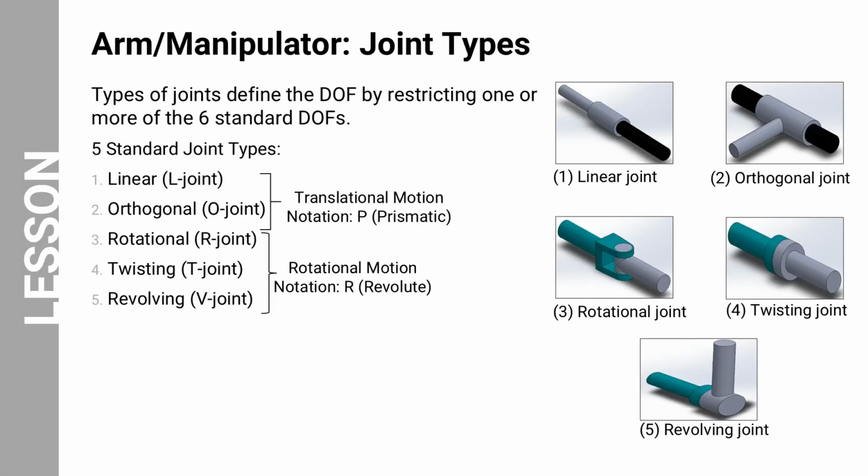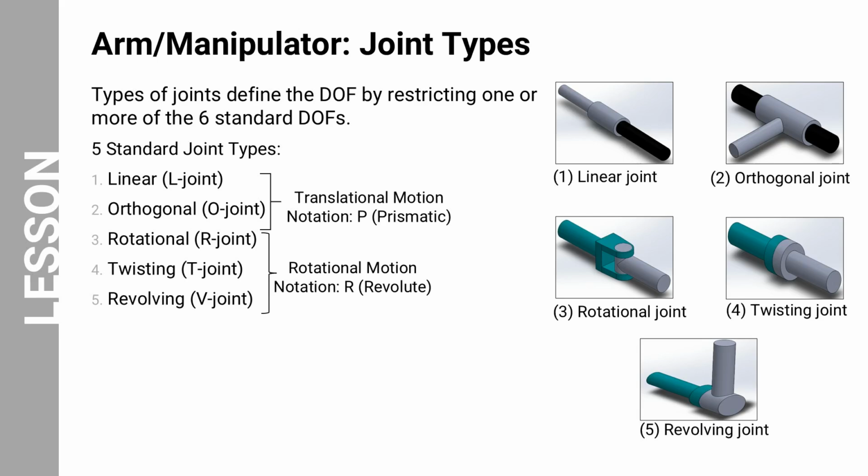Robot manipulators utilize 5 standard joint types that define their degrees of freedom by restricting one or more of the 6 standard DOFs. These joints are categorized into 2 motion types, translational or prismatic, and rotational, also known as revolute. The linear joint, known as the L joint, allows straight-line movement like a robot arm extending outward on a linear track. The orthogonal joint, or the O joint, enables perpendicular translational motion, similar to a sliding drawer mechanism.